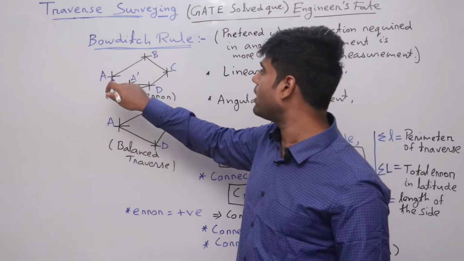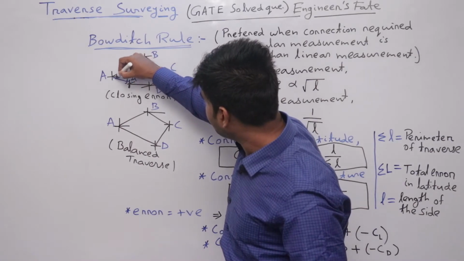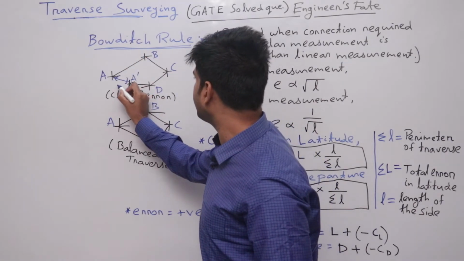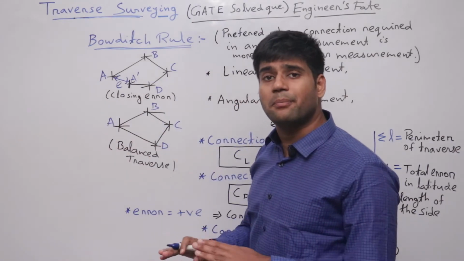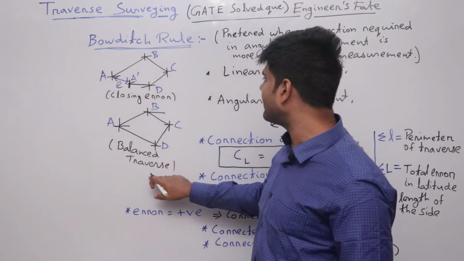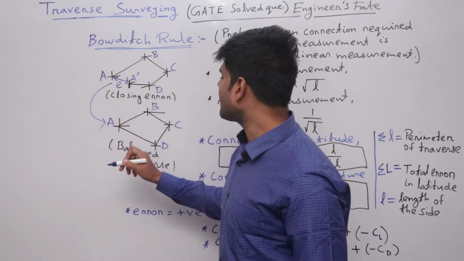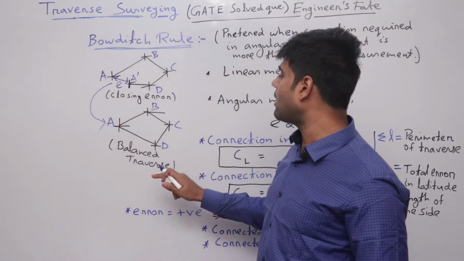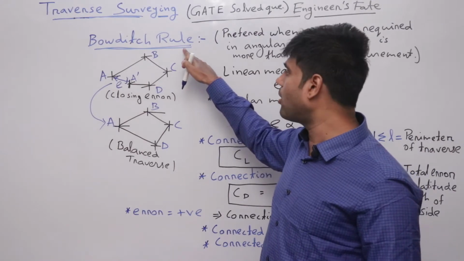I was supposed to end at A. So I have a closing error, and the magnitude of this closing error is E. I can minimize or completely eliminate this closing error E by balancing the traverse using this Bowditch method. At first I have a closing error E, now I have balanced the traverse using the Bowditch rule.